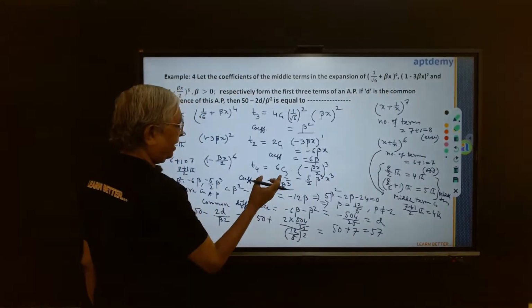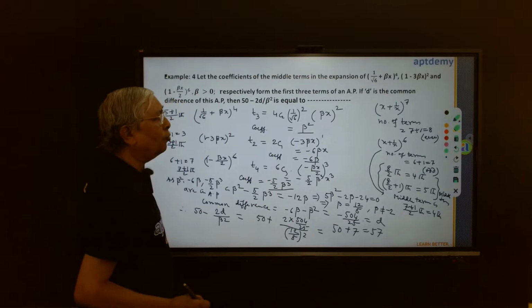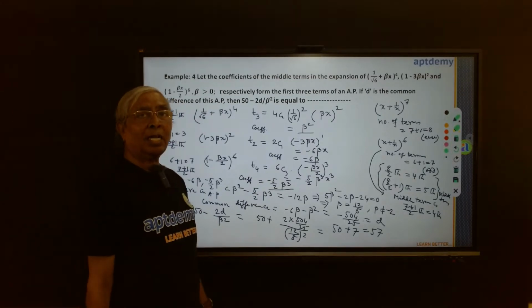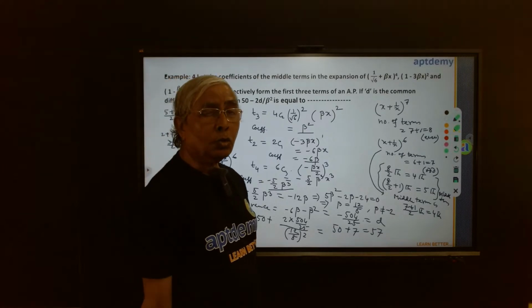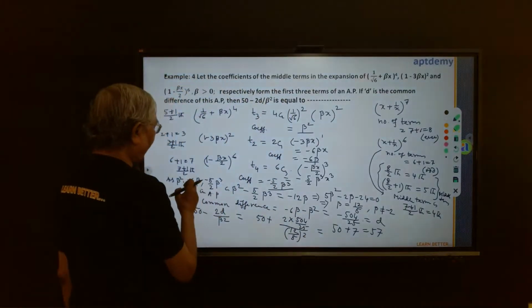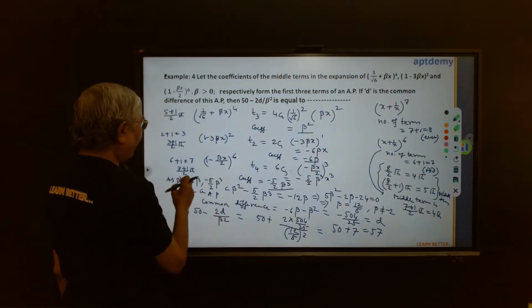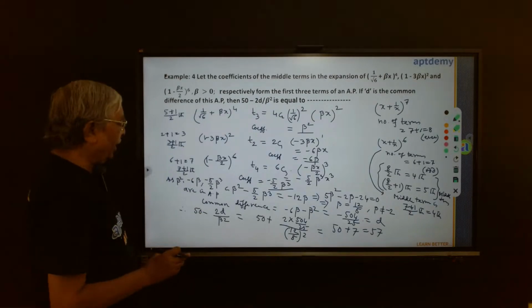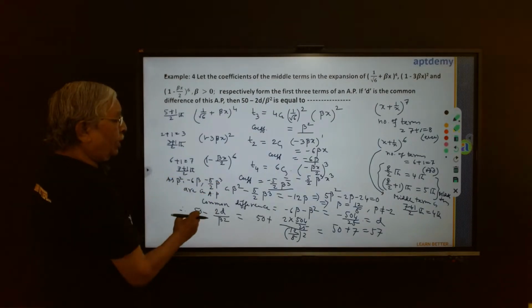In the third case, the coefficient is minus 5 by 2 beta cube. You are given that these are the first three terms of an AP whose common difference is d. So beta square, minus 6 beta and minus 5 by 2 beta cube are in AP. So A plus C equals 2B.